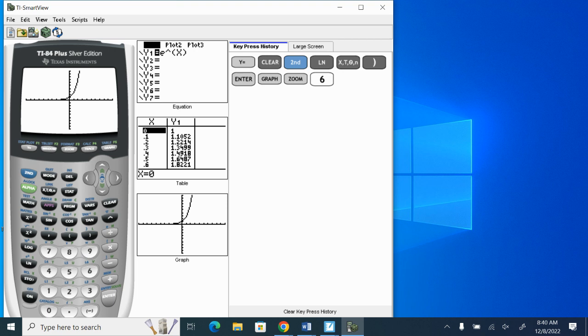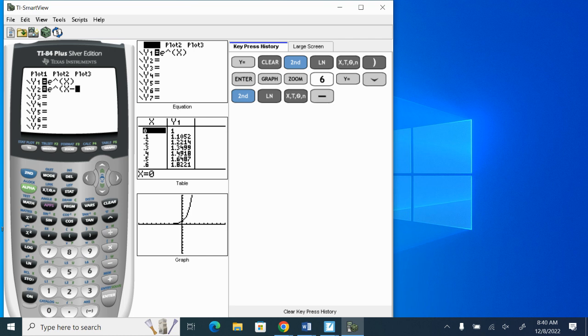Now in y2, let's graph y equals e to the x minus 4 power. So we have our second function, our e, and let's go x minus 4 and close our parentheses. And let's look at our graph now.